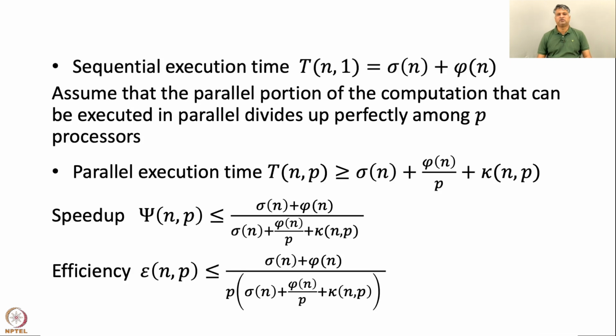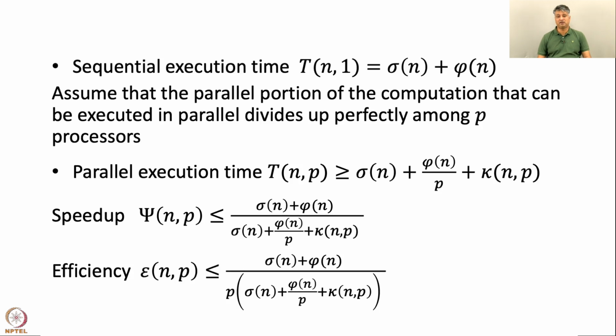Now, we know the sequential execution time, which is for p equal to 1, that is t of n comma 1, is sigma n plus psi n. Now, let us assume that the parallel portion of the computation divides up perfectly among p processors. Sometimes with irregular problems, that is not the case. But let us say that we have a problem which is fairly regular and can be perfectly divided amongst p processors.